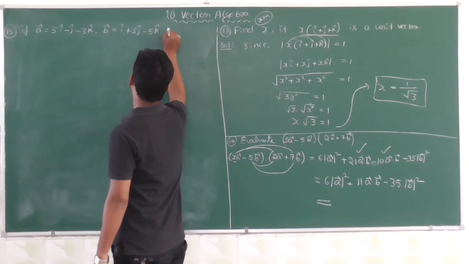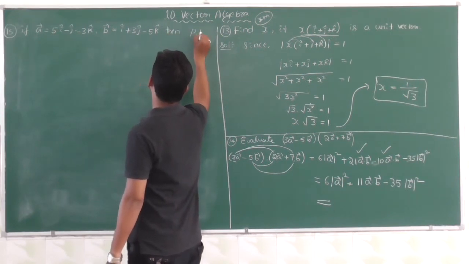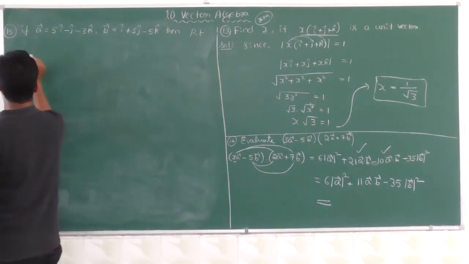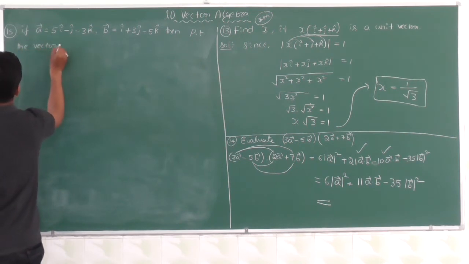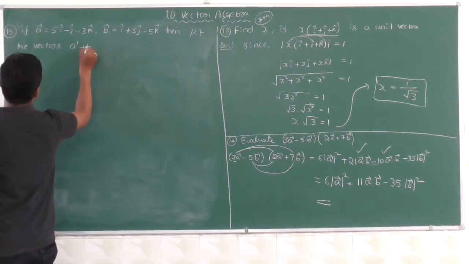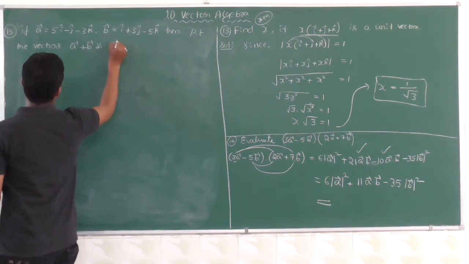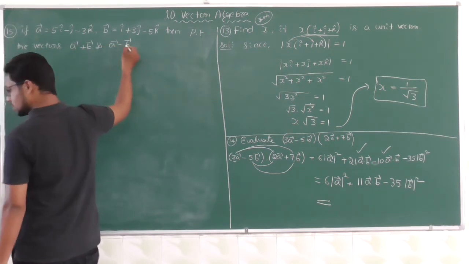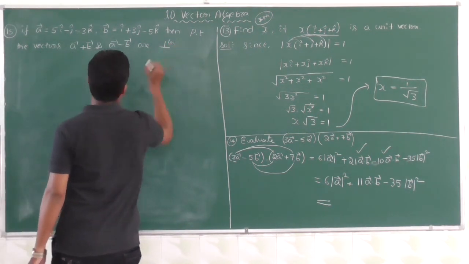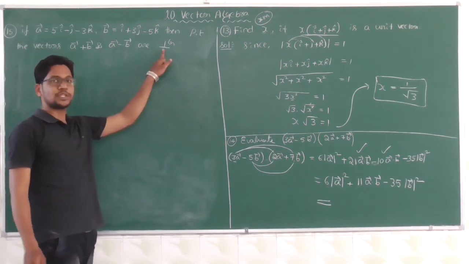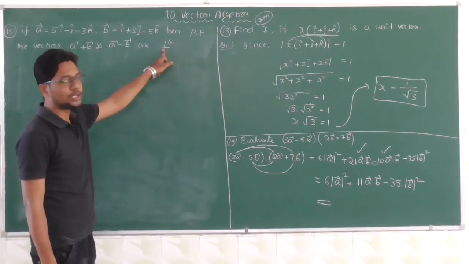then prove that the vectors a plus b and a minus b are perpendicular. This symbol shows perpendicular, so don't be confused.